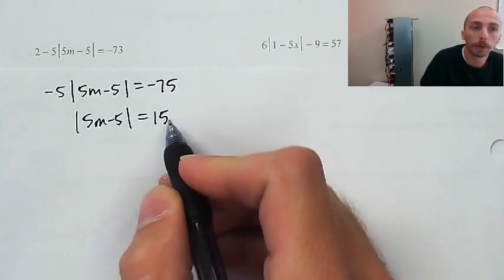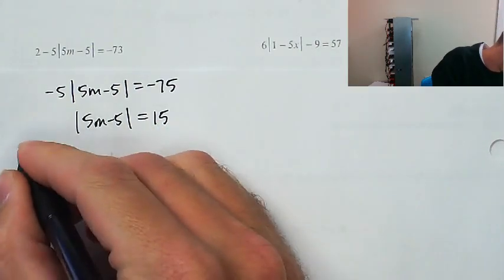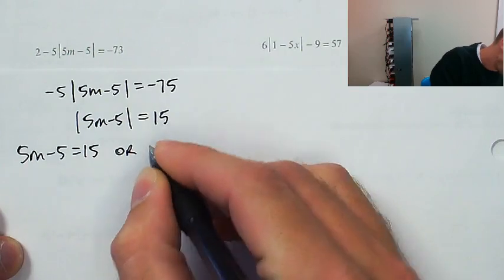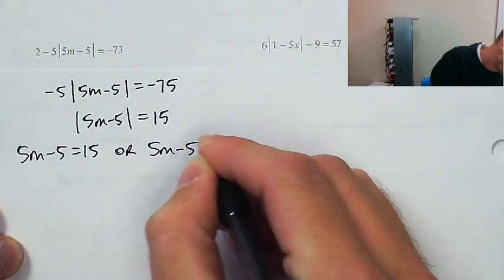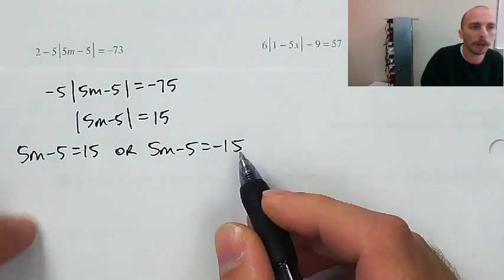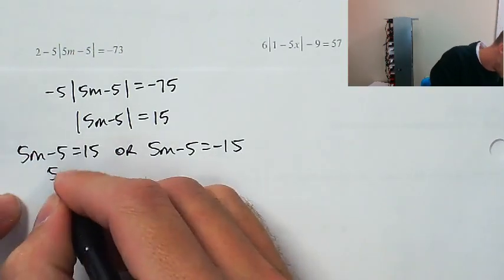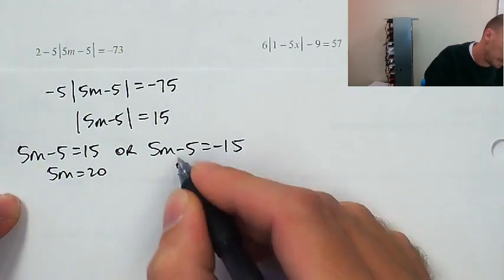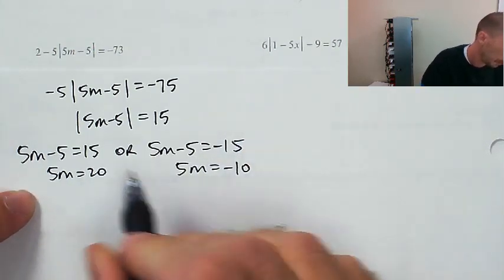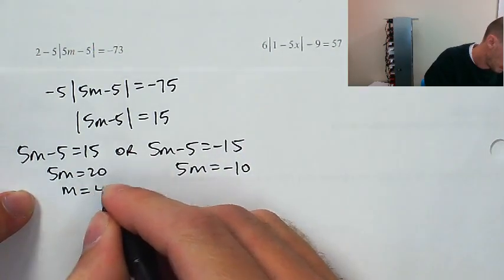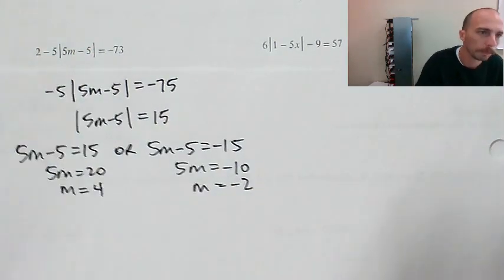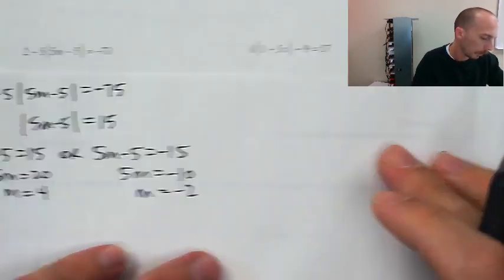If the absolute value of a number is 15, then that number is either 15, or maybe that number is negative 15. Okay, so I'll add 5 to both sides of both equations. Negative 15 plus 5 would be negative 10. And divide by 5. And I got myself 2 solutions. Okay, and those are the 2 solutions to that equation.